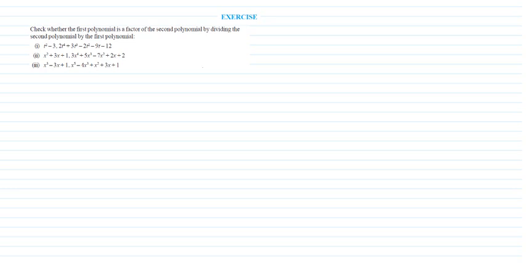So minus, sign change, this will become plus, and the 2t to the power 4 terms cancel out, and this is 3t cube.